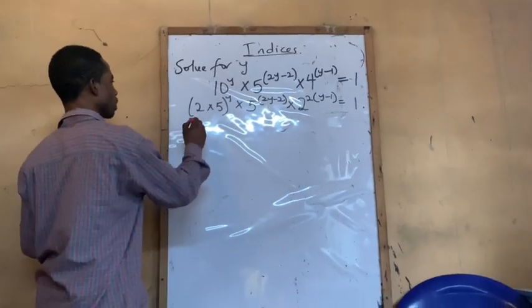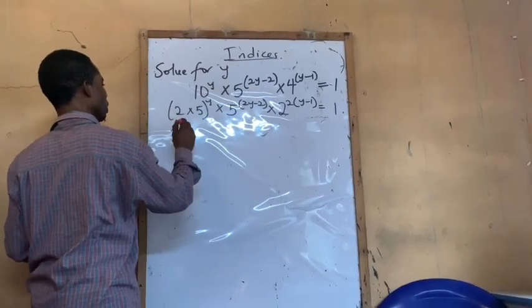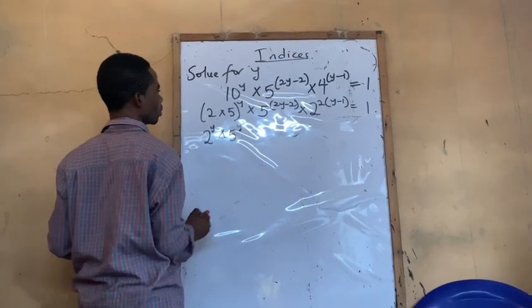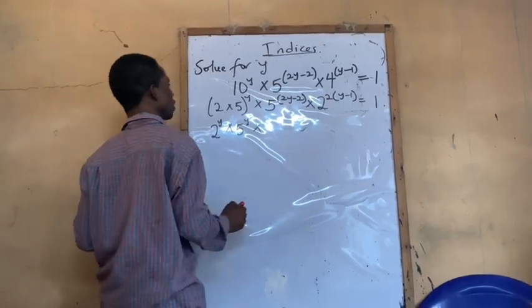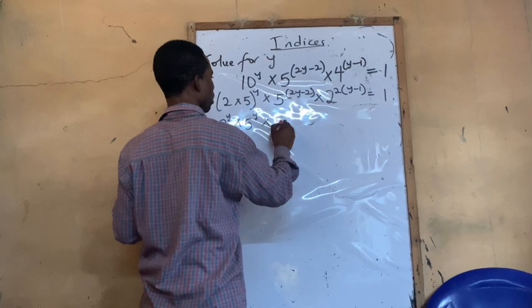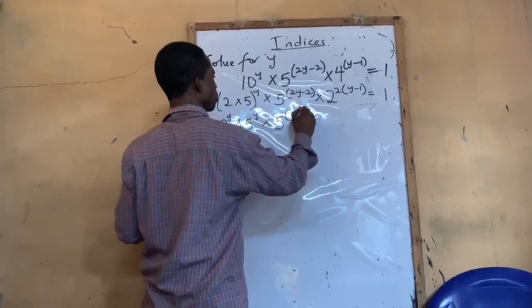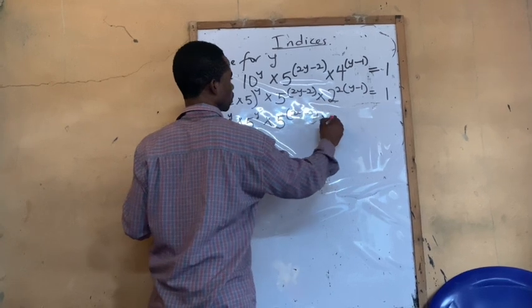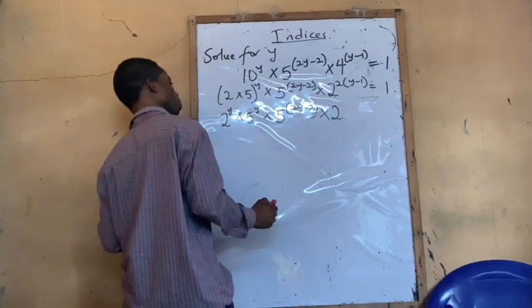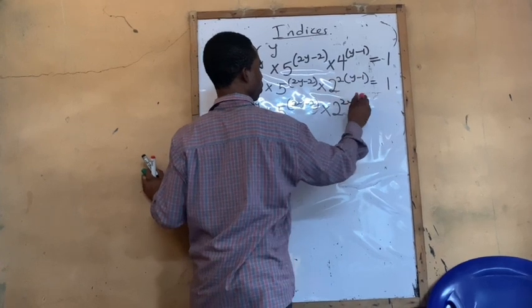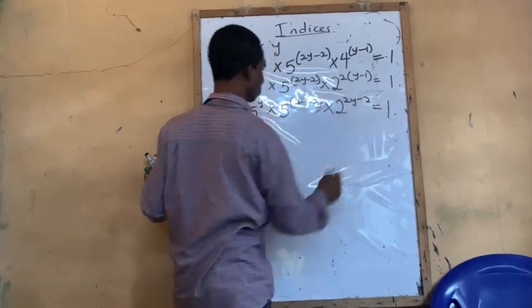So definitely we can say 2 raised to power y times 5 raised to power y times 5 raised to power 2y minus 2 times 2 raised to power 2y minus 2 equals 1.